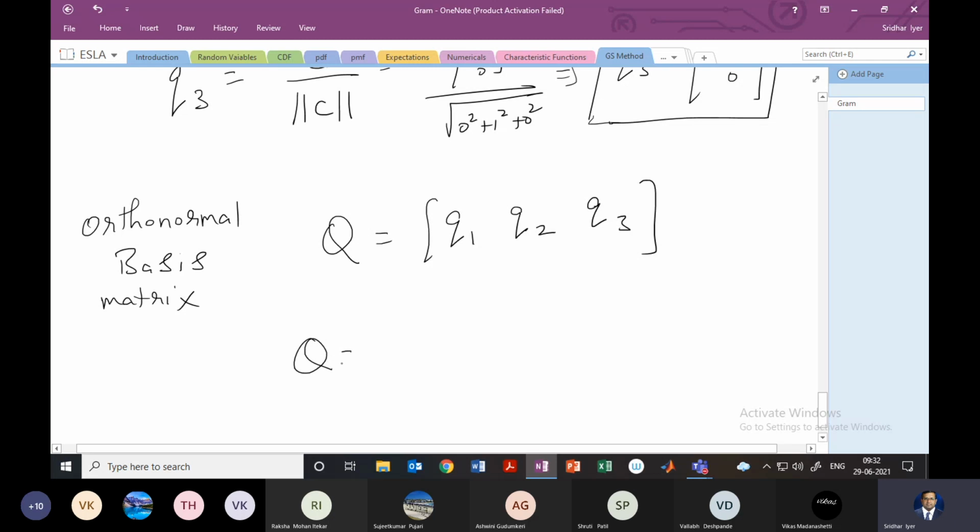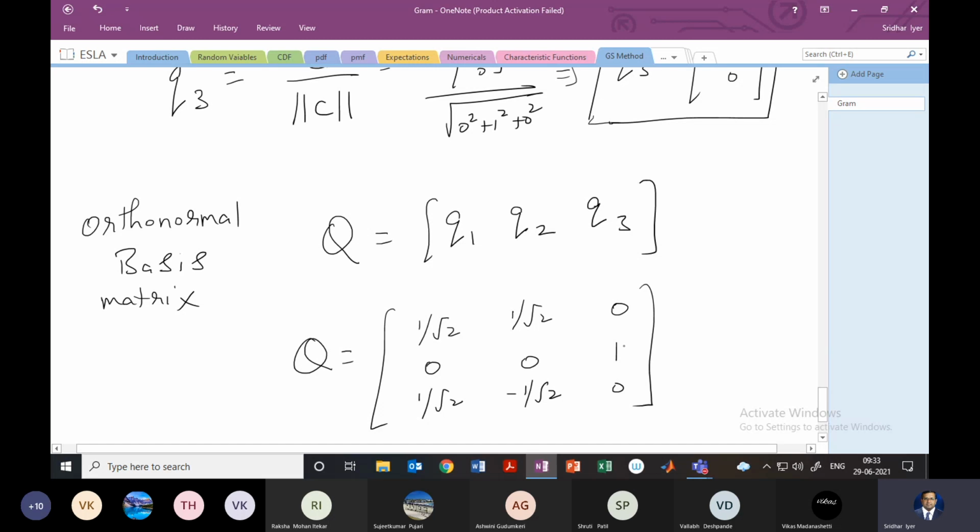Therefore, I'm just going to write Q as, first we'll write Q1, which is 1 by root 2, 0, 1 by root 2, as a column we are writing. Q2 is 1 by root 2, 0, negative 1 by root 2, and Q3, which we have just found, is 0, 1, 0. Okay. Just check if I have written them correctly.